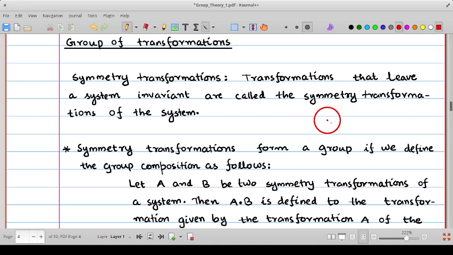Now consider an axis passing through the center of the circle and perpendicular to the plane of the circle. If we rotate the circle about the axis passing through the center and perpendicular to the plane, we will still get the same geometrical figure. So that means rotation under this axis does not change the geometry at all.